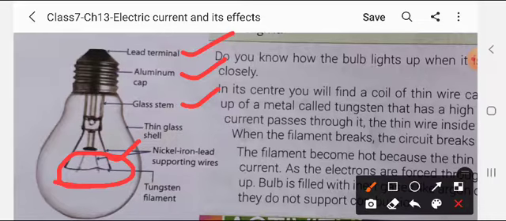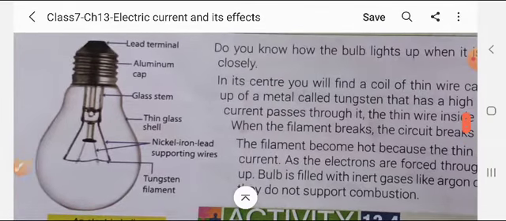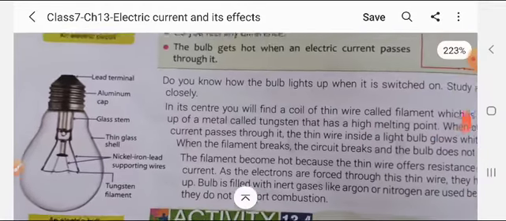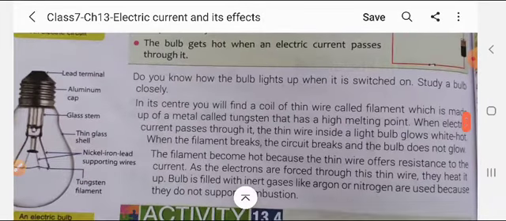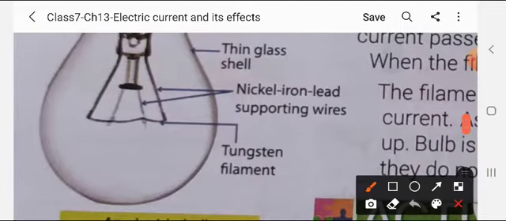When it is connected with the cell, the electric supply will come and heat this, and as long as it holds the current, it will make the tungsten more heated and it starts giving light. In its center you will find a coil, a thin wire called the filament. You can see here that this is the filament.